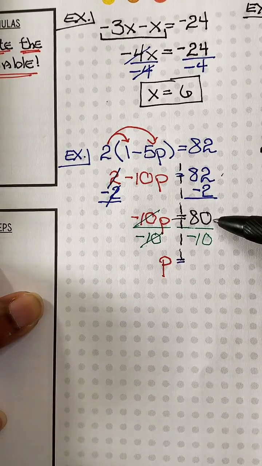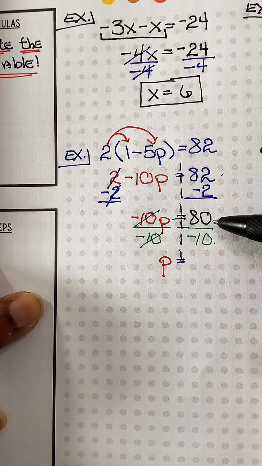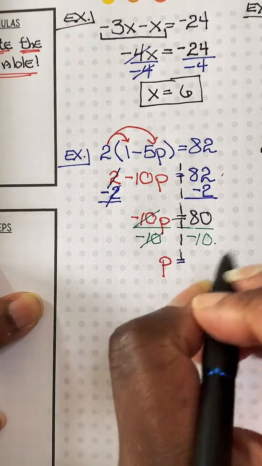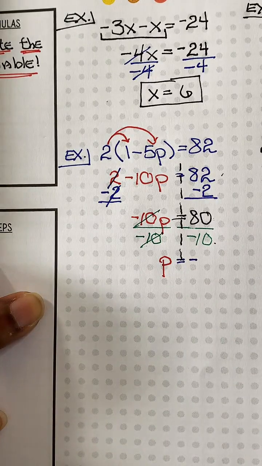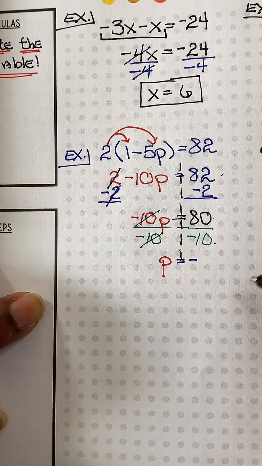So now we got 80 divided by negative 10. Okay? You got a positive, you got a negative. Opposite signs, they always say opposite attract. So that'll give you a negative. 80 divided by 10. If 80 and 10 is throwing you off because of the 2-digit number, both of them are ending in zeros.